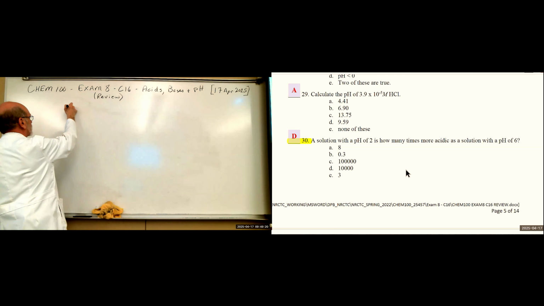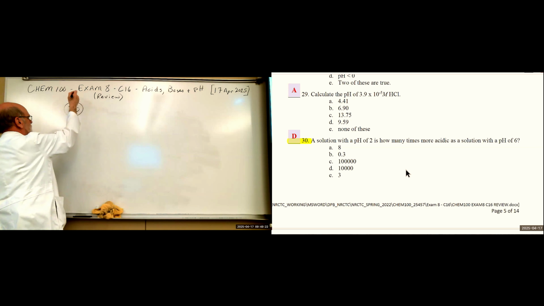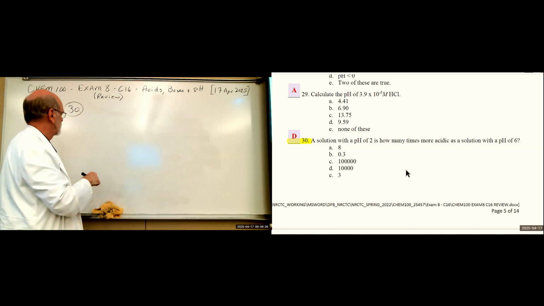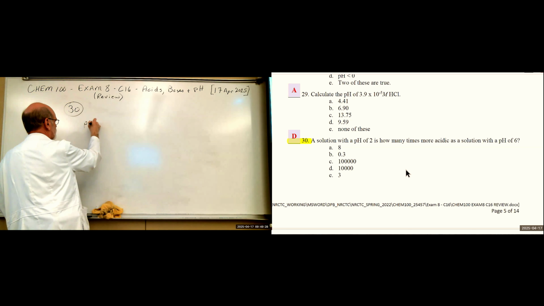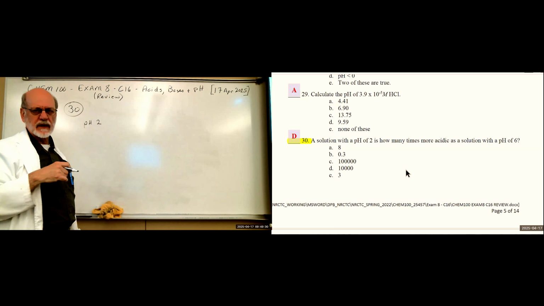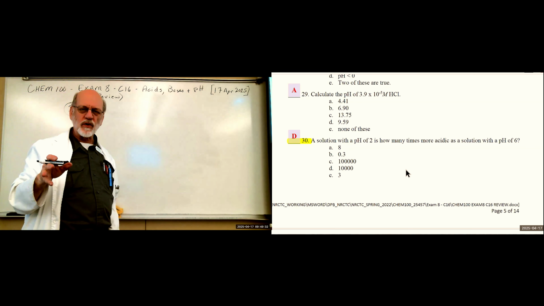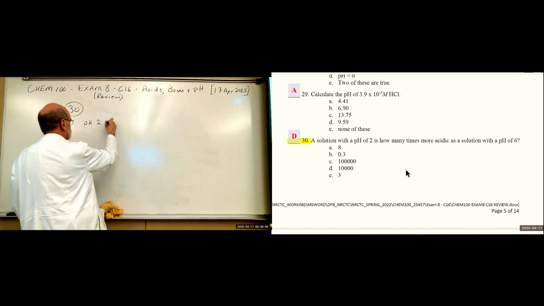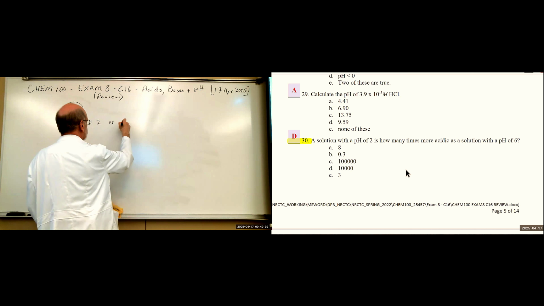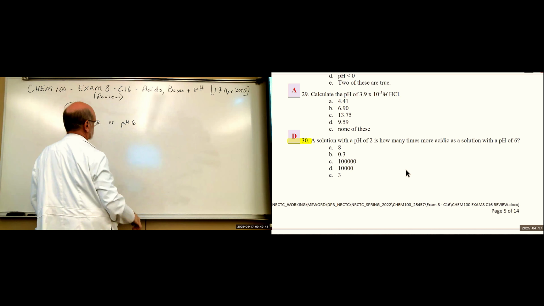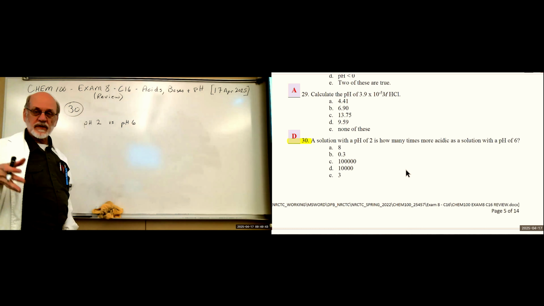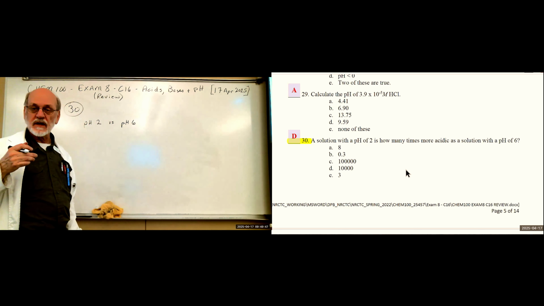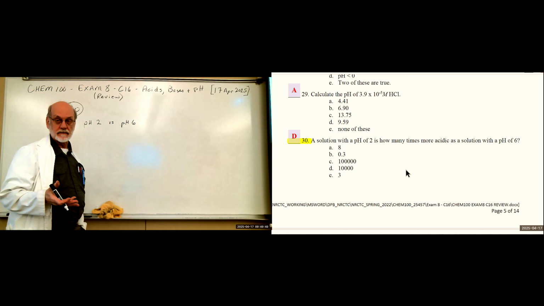Let's see, 30. A solution with a pH of 2. Say we have a pH of 2 in our solution. How many times more acidic is it than a solution of pH 6? So this is pH 2 versus pH 6. Remember that pH is a logarithmic progression, so that means it's powers of 10.